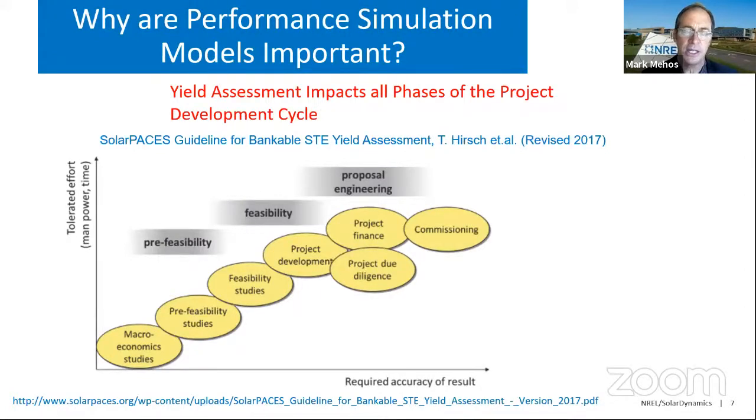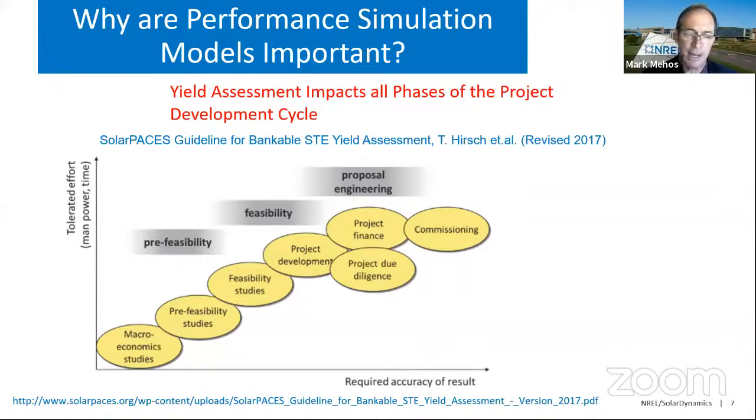They published a study, it's here at the bottom, called the SolarPACES Guideline for Bankable Solar Thermal Electric Yield Assessment. It was revised back in 2017, but they did a nice job talking about all the phases of project development and the importance of modeling within those phases.